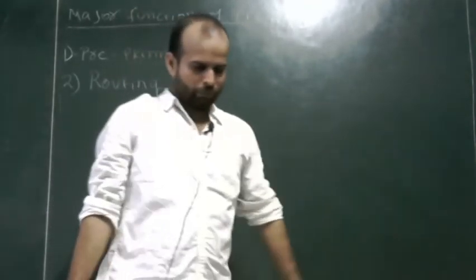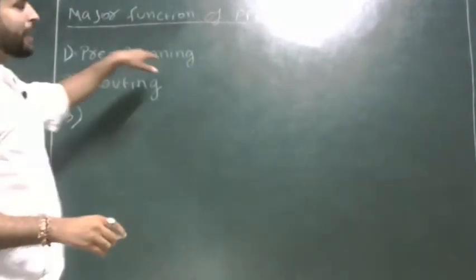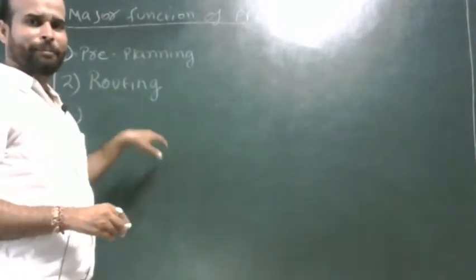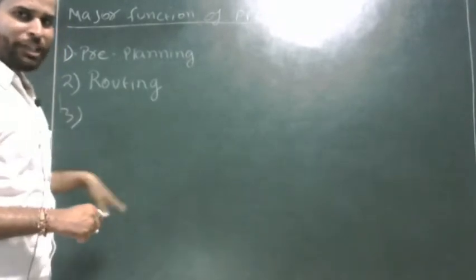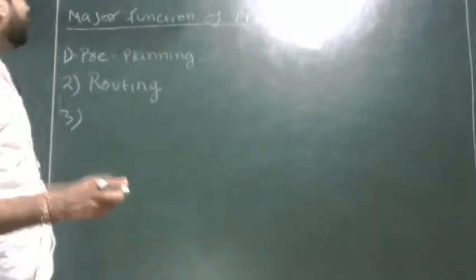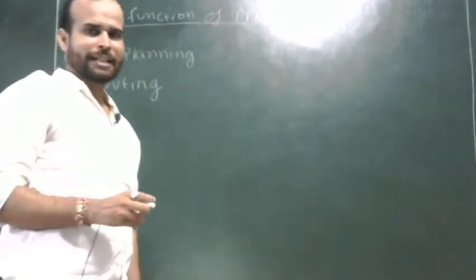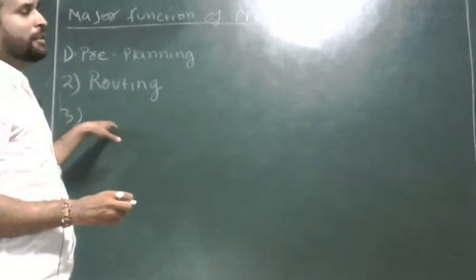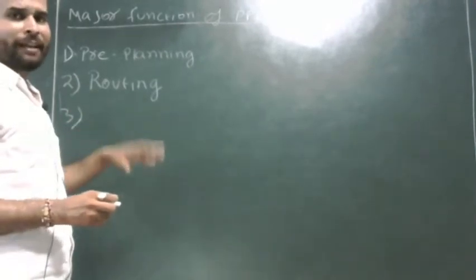Don't worry, we will write two or three lines under each point later, but now I wish to discuss all the functions so that we will not get confused. At least we have the different functions of PPC in our mind.